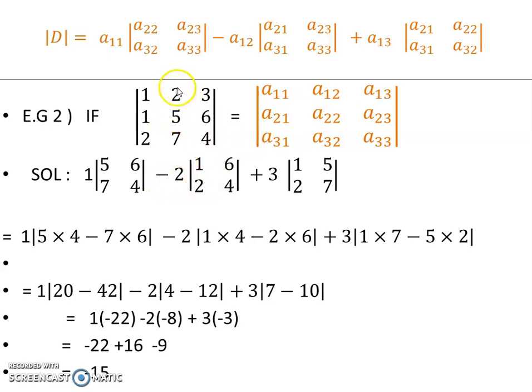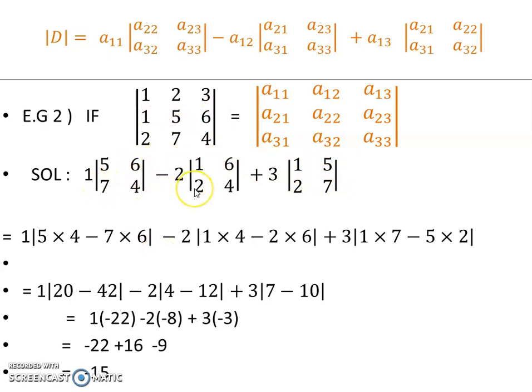Now, we skip the second column and first row. So we remain with 1, 6, 2, 4. I write 1, 6, 2, 4. Now, the last one, A13. That means the third column element, and the first row is skipped. What remains? 1, 5, 2, 7. So we write 1, 5, 2, 7.